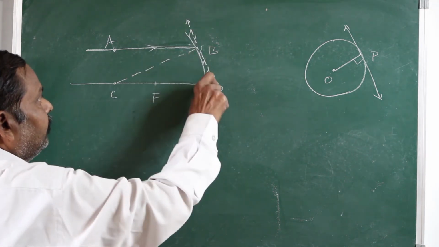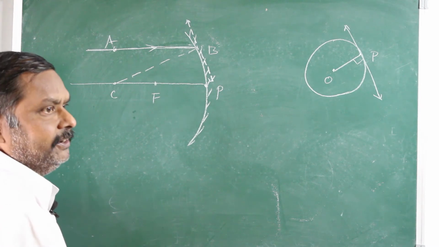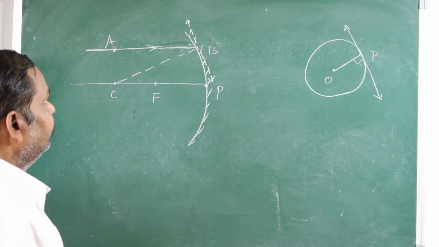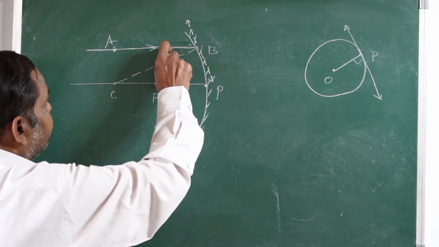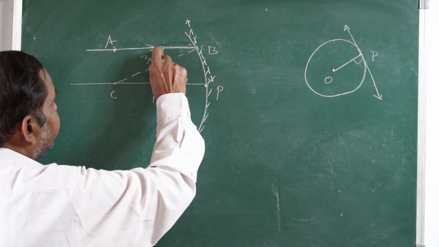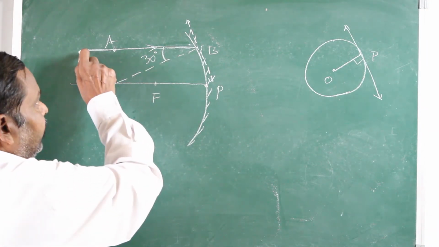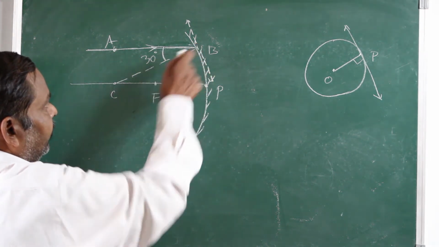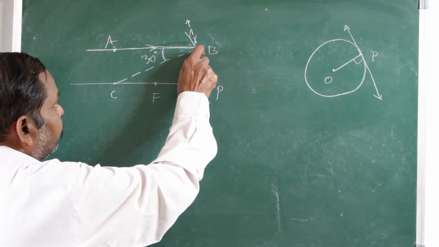Radius is normal to the tangential plane, and according to the definition of angle of incidence, the angle between the incident ray and the normal is nothing but the angle of incidence. This was given as 30 degrees. And when the ray of light is passing parallel to the principal axis, the reflected ray passes through focus.